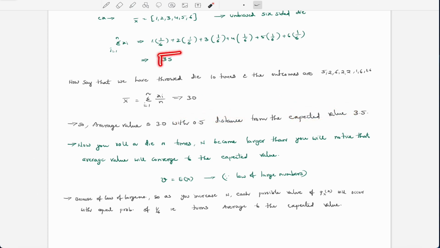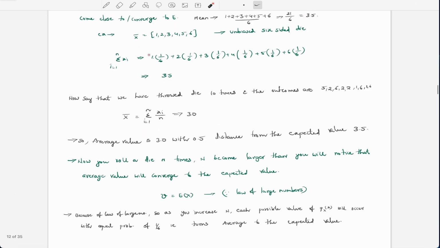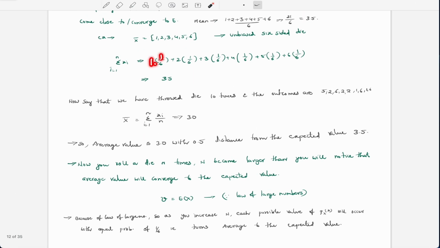We expected 3.5. This is our expected value, the variable times the probability of that variable. If you run it 10 times, following the law of large numbers, we tend to get the average. The average value is 3.0, but the expected value is 3.5, which is 0.5 away.